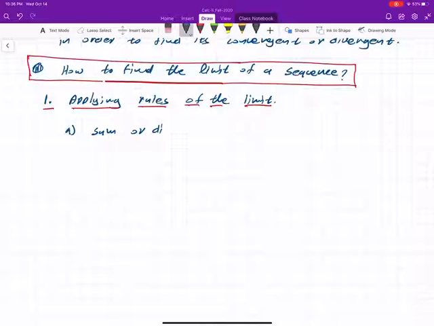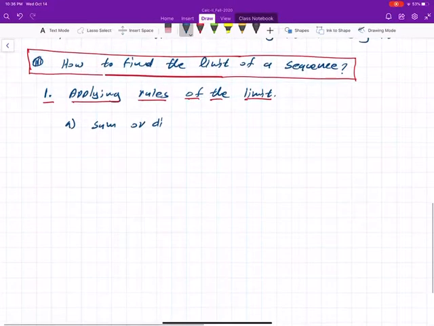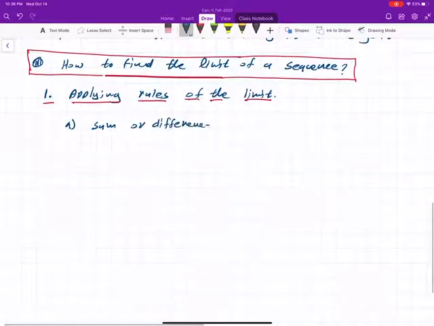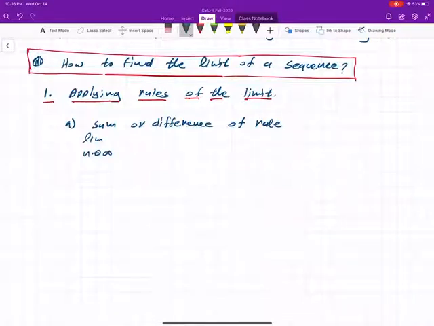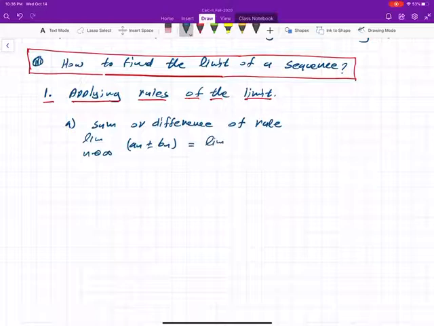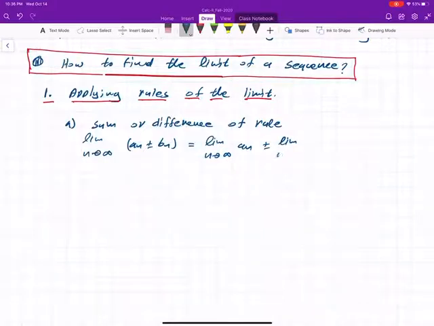Today I'm going to give you a quick review. Let's say you are given limit n goes to infinity of an plus or minus bn. If you have a sequence like this, then you can get the limit separately. That means you can write limit n goes to infinity an plus or minus limit n goes to infinity bn. Okay, you can get the limit separately.